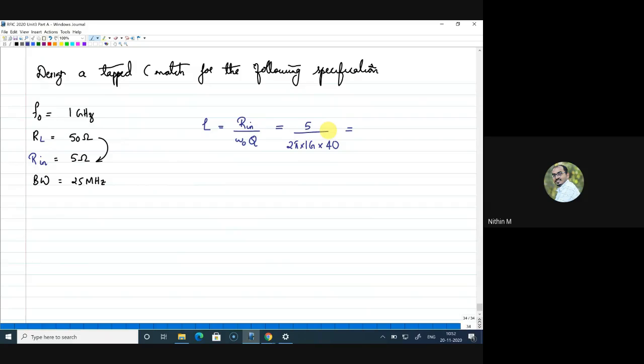Come again? If we took Rin as 50 and we switch them both, wouldn't it become up conversion? Like you said, if you take 50, we get that value. If we just switch them, it will become up conversion. Yeah, it will become up conversion definitely. I'm just trying to understand, like, did I make any mistake here?